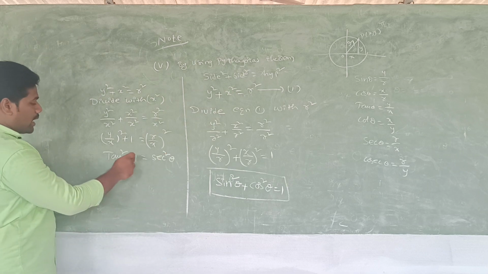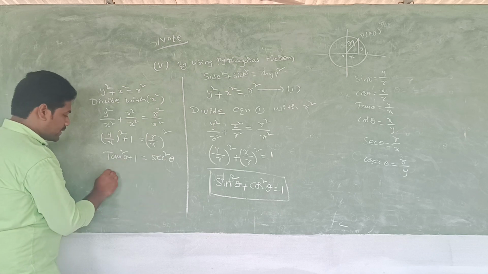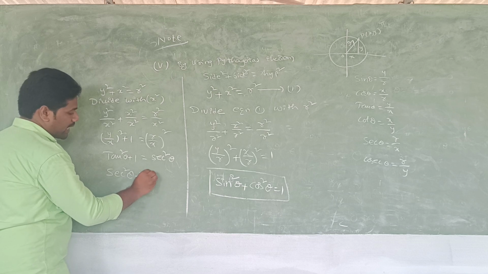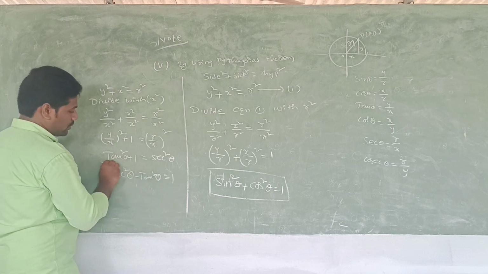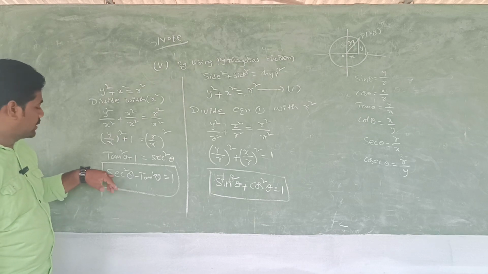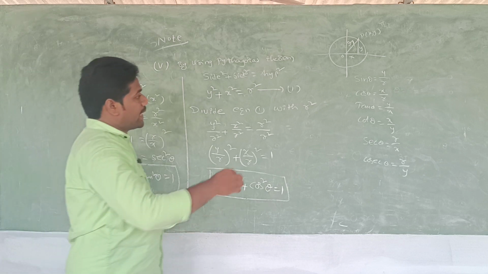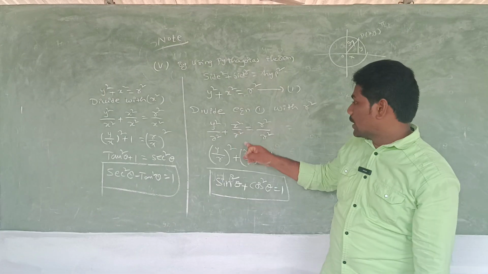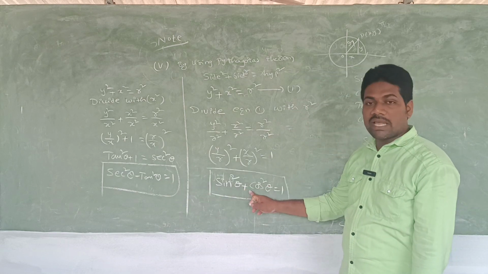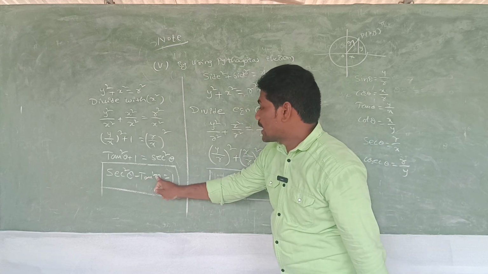Now I am sending tan square theta to the other side, and we can write it as secant square theta minus tan square theta is equal to 1. This is another identity. So now we got the second identity. The first identity is sin square theta plus cos square theta is equal to 1. The second identity is secant square theta minus tan square theta equal to 1.